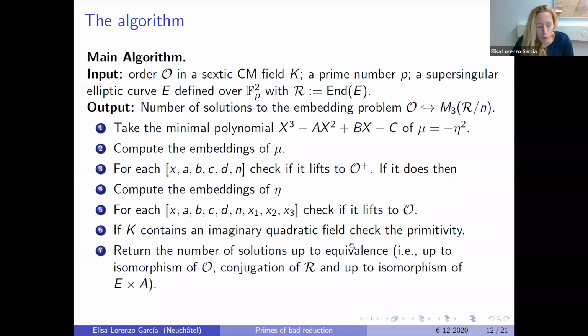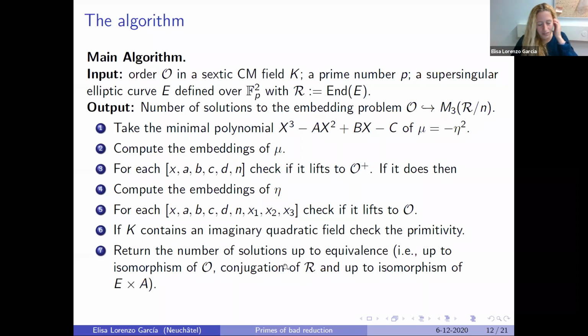So we could be overcounting solutions because we don't completely control this primitivity thing, but we get a bound for the number of solutions. And then we count them up to equivalence. And this is the algorithm.